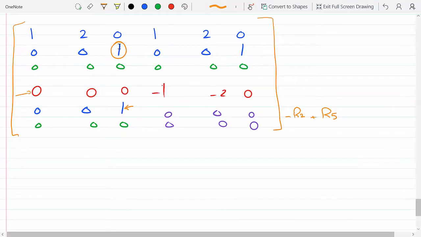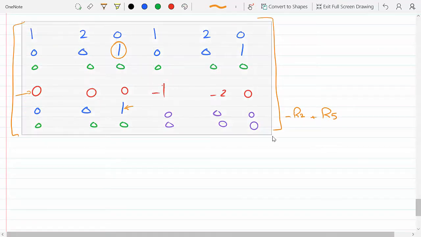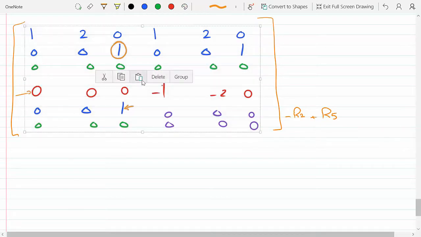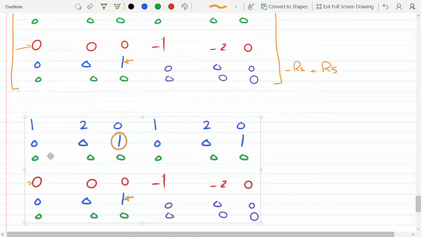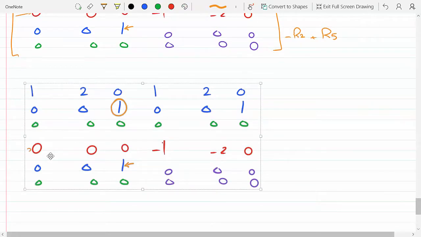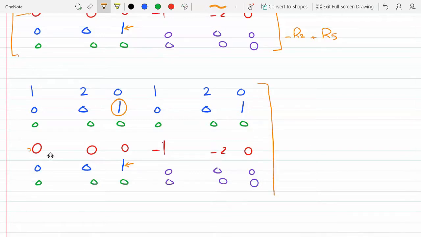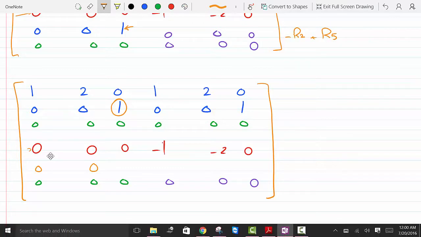And if I do that, let me copy and paste this so I don't have to repeat it. So I'm going to change row number 5 because my operation is taking place on row number 5. Okay, so minus row 2 plus row number 5. So 0, 0, because that's just 0.